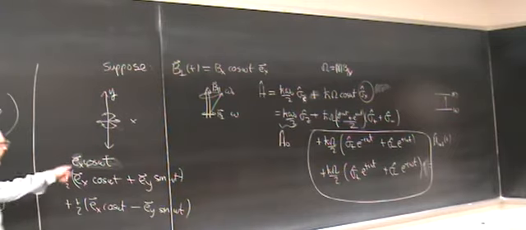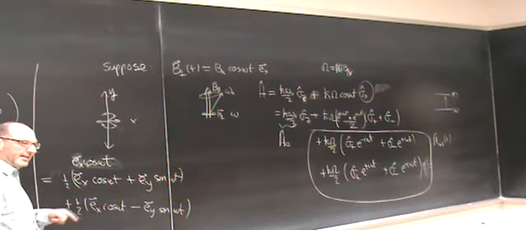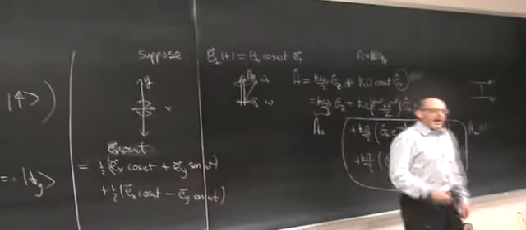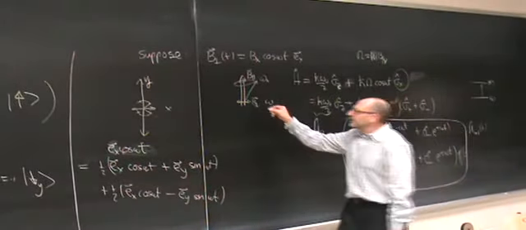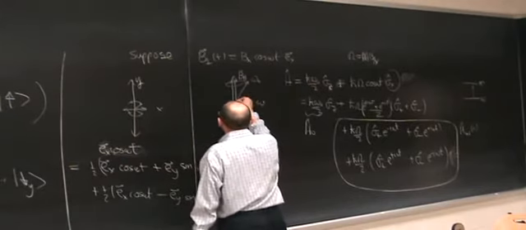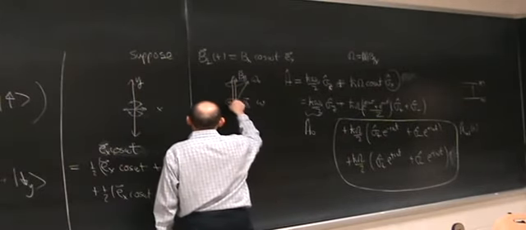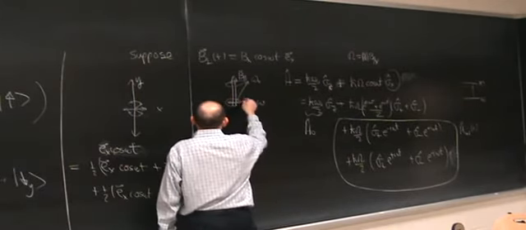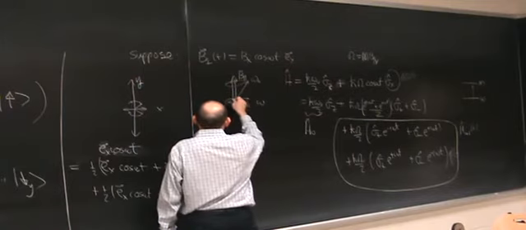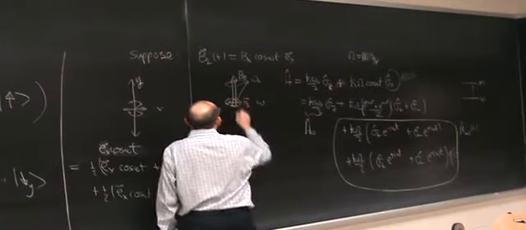A linear oscillation is a sum of two circular oscillations. So this oscillating field I can think about as a linear combination of something going around this way and something going around that way.